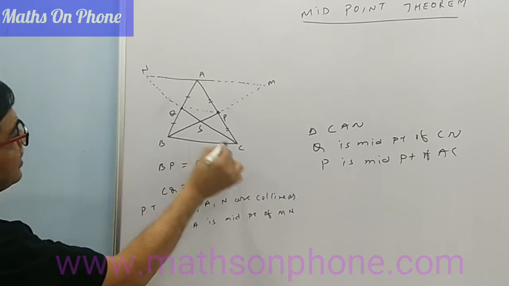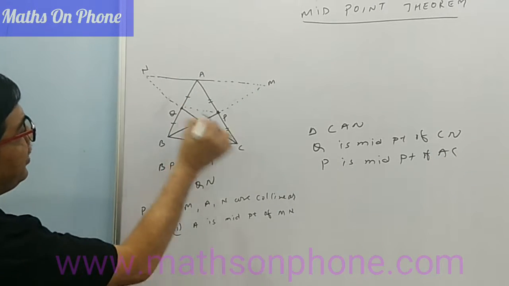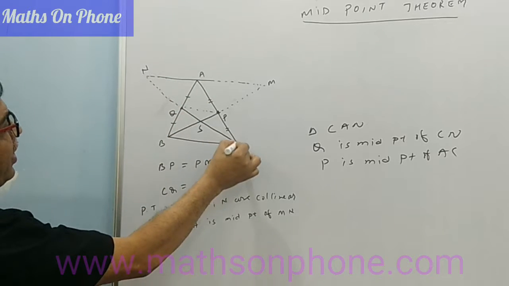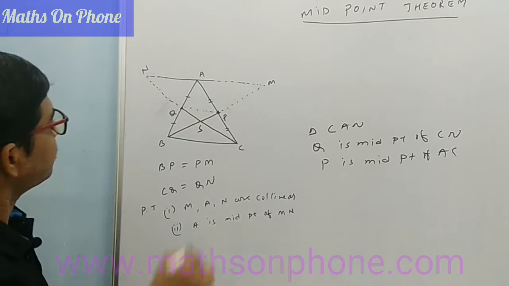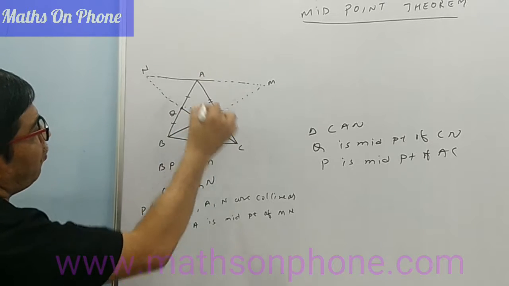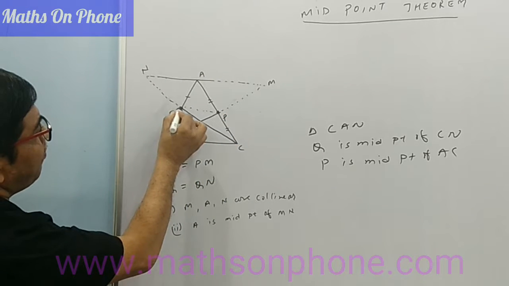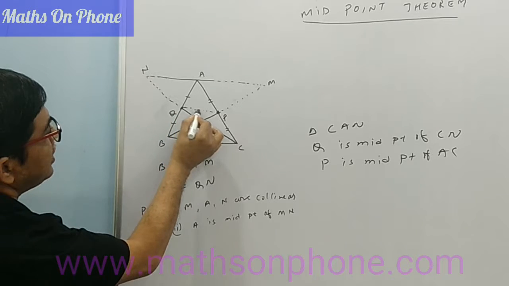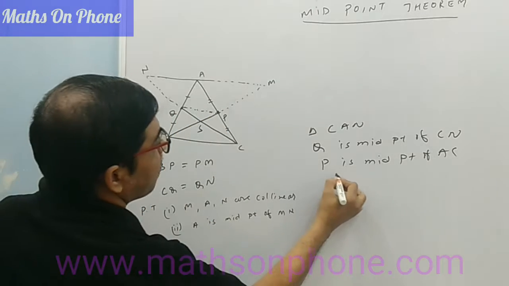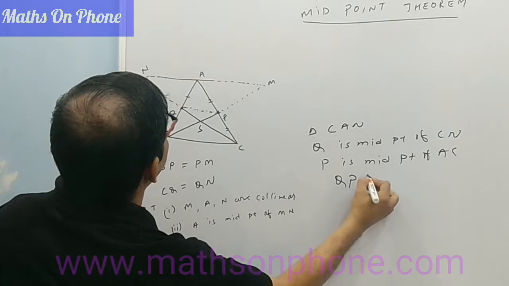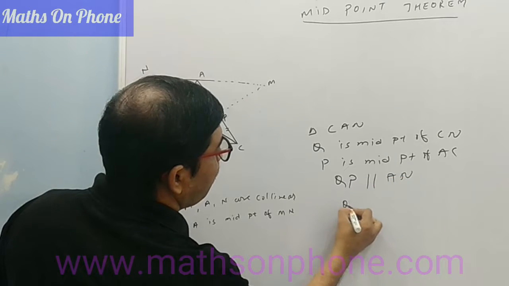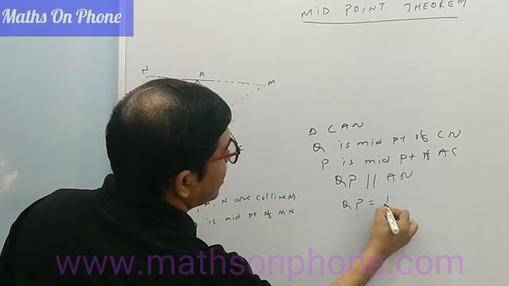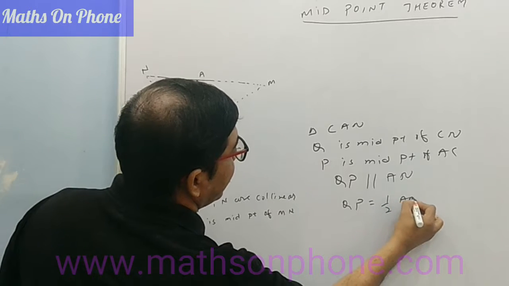So in triangle CAN, in this triangle only, Q is the midpoint of CN, P is the midpoint of AC. So by the midpoint theorem, this side QP is parallel to AN and QP is also half of AN.